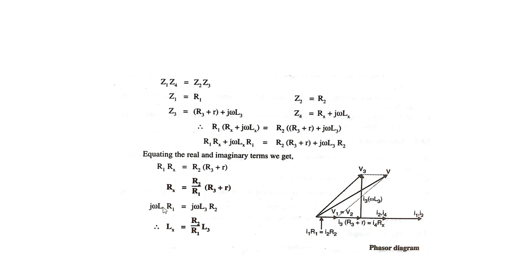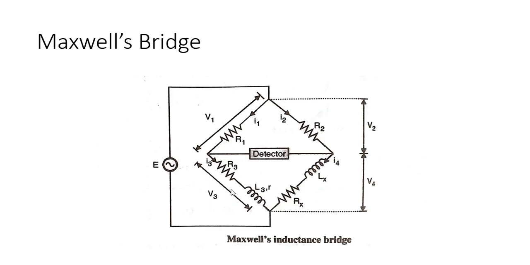Okay, so here if you see j omega Lx R1 is equal to j omega L3 R2, if you concentrate on imaginary parts, and from that if you want to calculate Lx, this j omega gets cancelled, and you are getting here R2 into L3 divided by R1. Okay, so in this way the value of Lx is calculated based upon this R2 into L3 divided by R1. Okay, so this L3 is a known value or standard value we can say, because already we have talked about this.